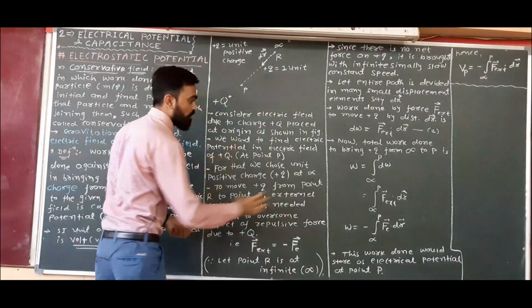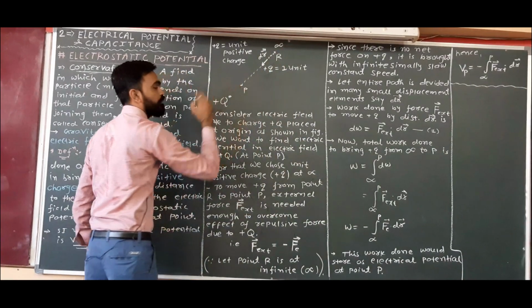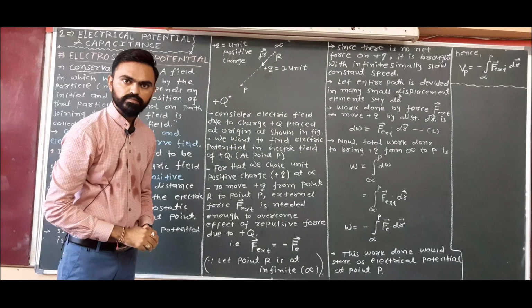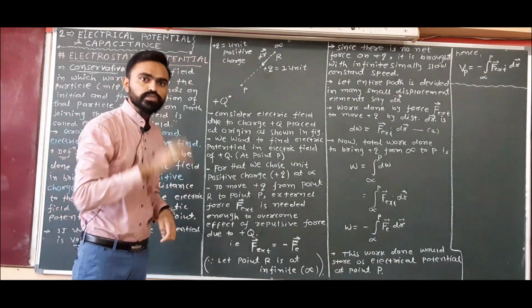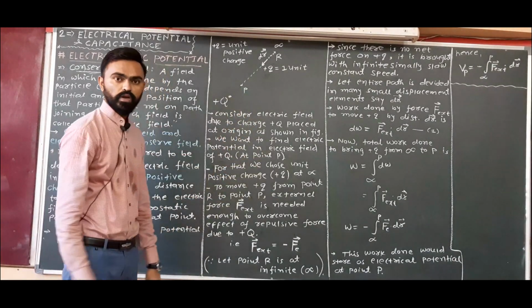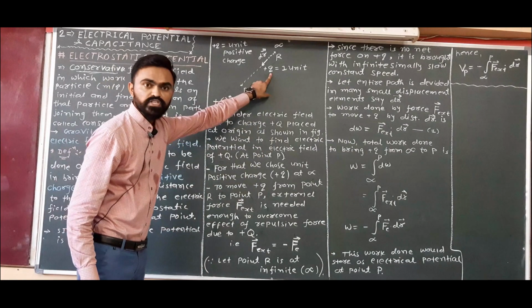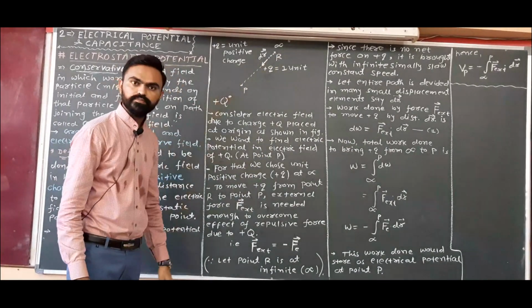Right, okay. This much work will be done to place the charge from infinity to this point P. You get my point? And whatever work has been done will be stored in terms of potential at that point. Again, work done by the charge q will be stored in terms of potential at that point, got it, right?